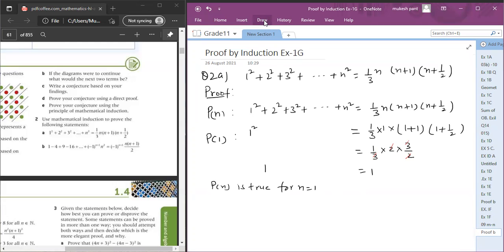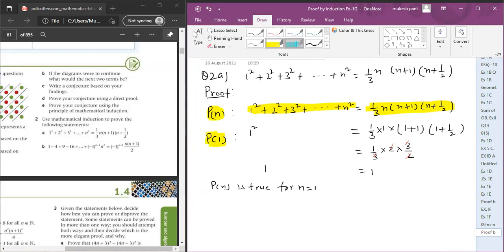Again, pay attention here. First of all, whatever statement is written, you have to write that as Pn, and then write the statement here. Or you can say question. Now we have to make this statement true for n equals to 1, so we take only the first value.